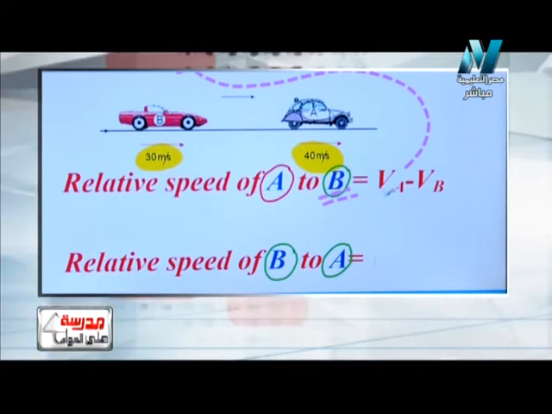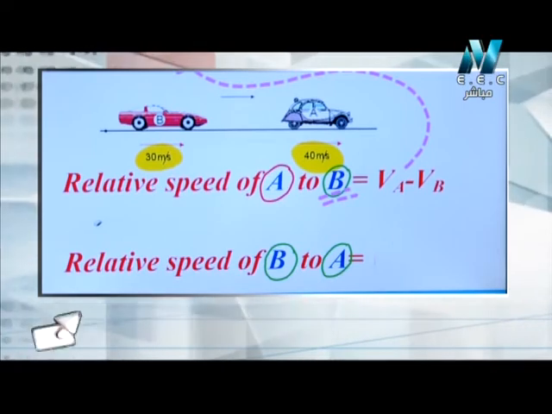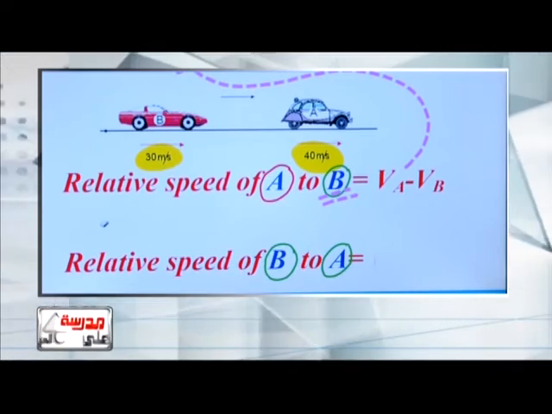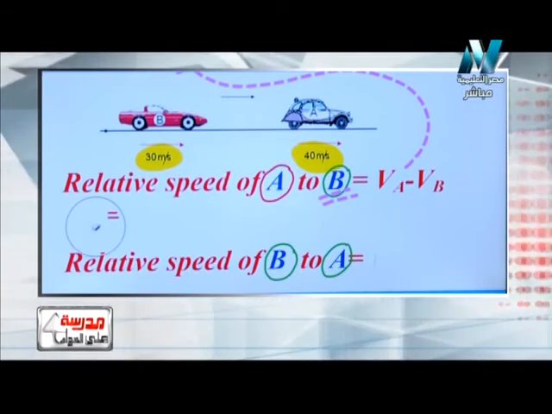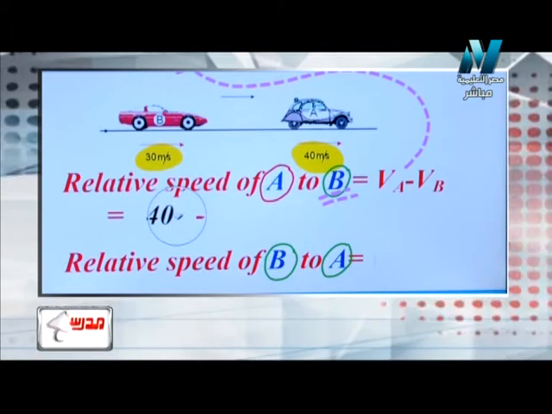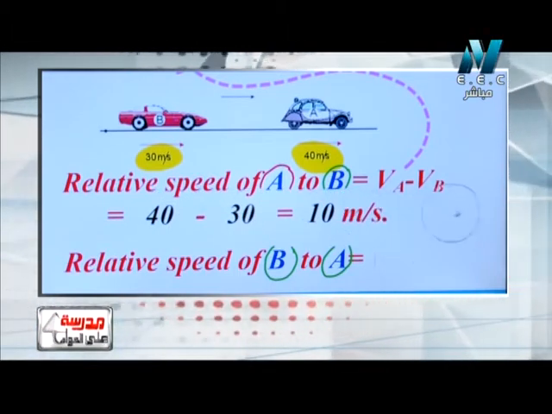So VA minus VB. VA equals how many? 40 meters per second. VB equals how many? 30 meters per second. So we have 40 minus 30 equals 10 meters per second.